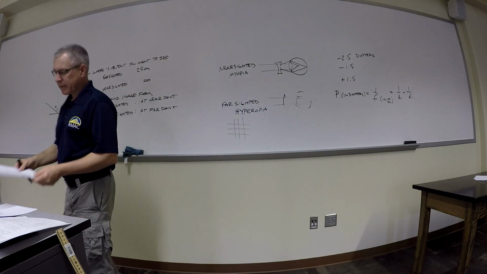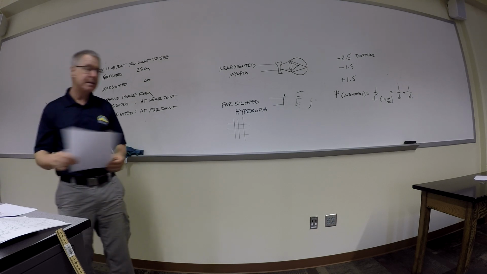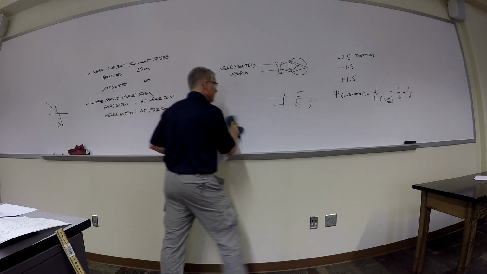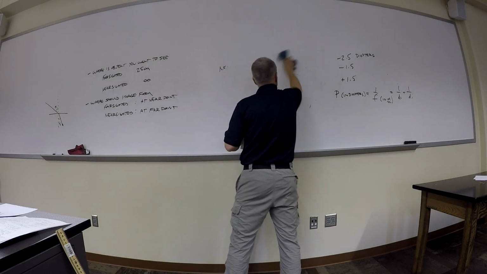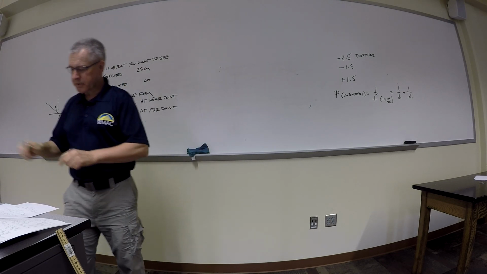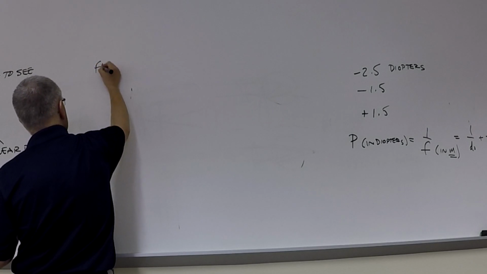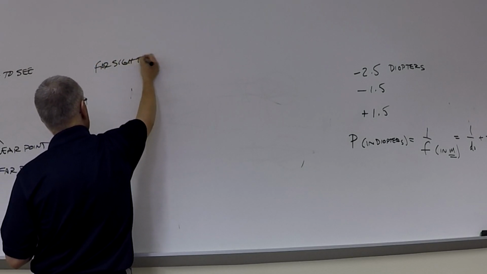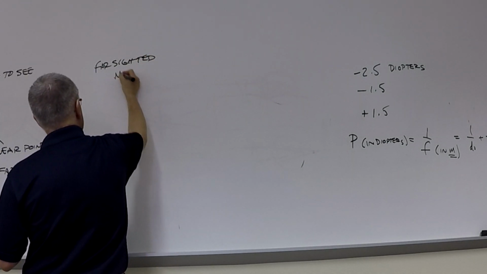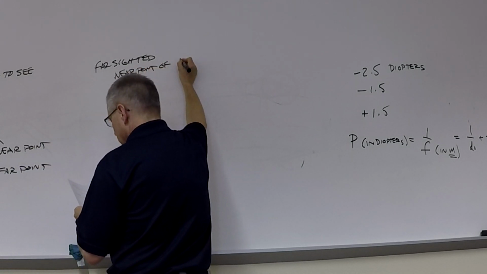So with that, let's take a look at a couple examples of how you prescribe lenses, and let's see if some of this makes some sense based on things we've already done. Let's say we've got somebody that's farsighted, and they've got a near point of 100 centimeters.